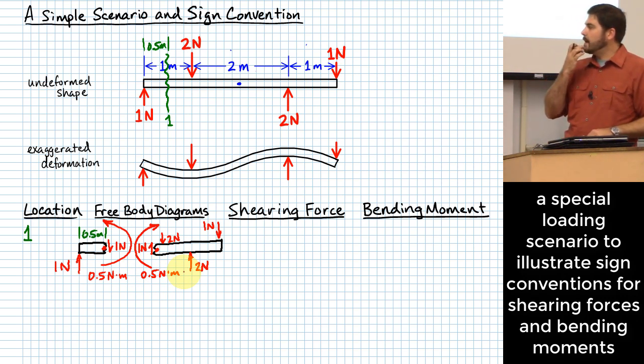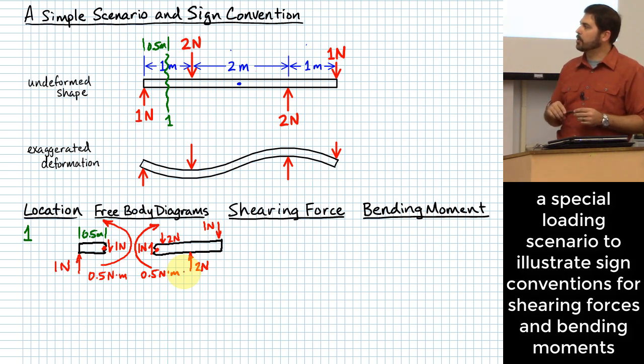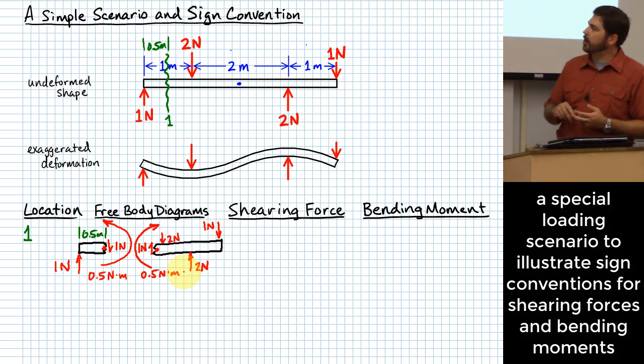Okay? It would suggest equal magnitude. This one would be a little bit harder for us to figure out, but it would still be the same thing. I would have a clockwise 2 times 1/2, right? So that would be 1. Then I would have a counterclockwise 2 times 2.5, right? So that'd be 5, counterclockwise.